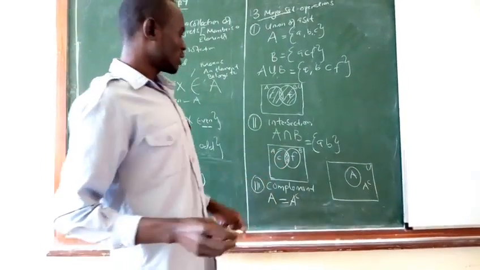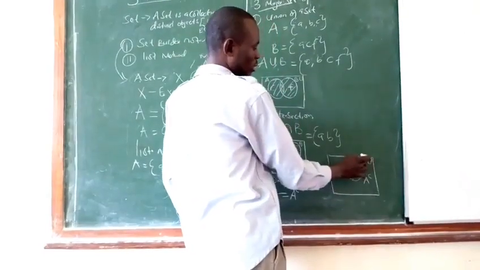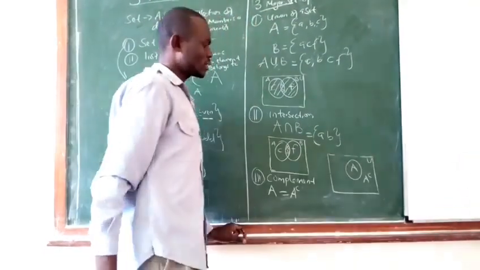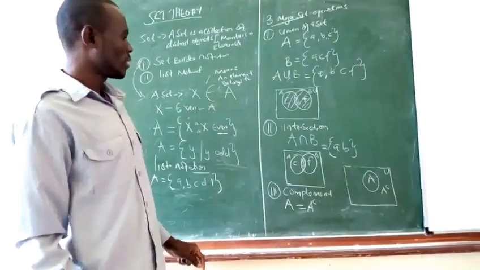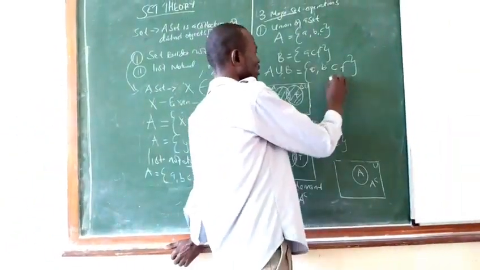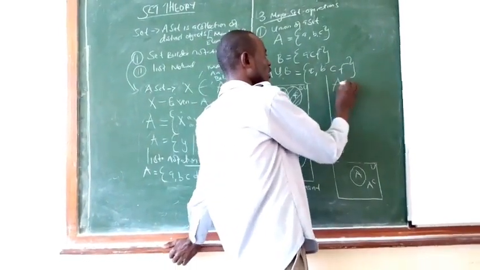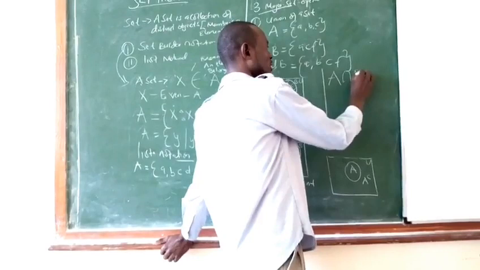Our universal set is the bigger set, comprising of the set A.